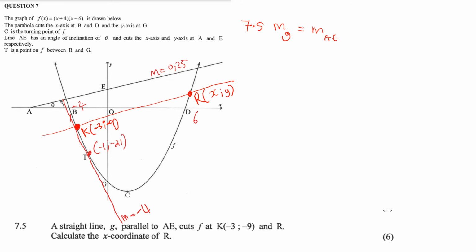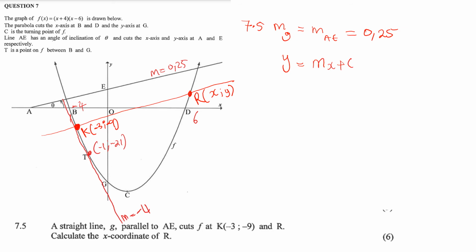So this is equal to 0.25. Now we have the gradient of G, we can go and get the equation of G so that we can deduce the x coordinate of R. The equation will be y = mx + c.